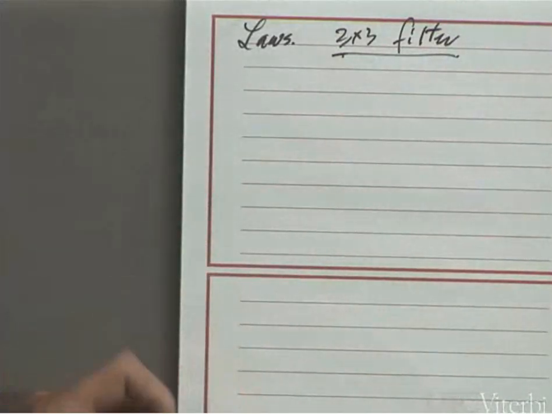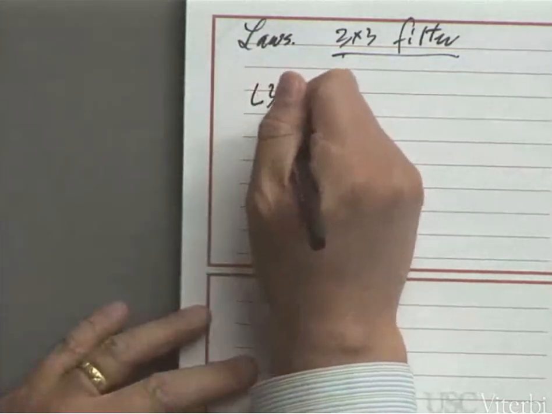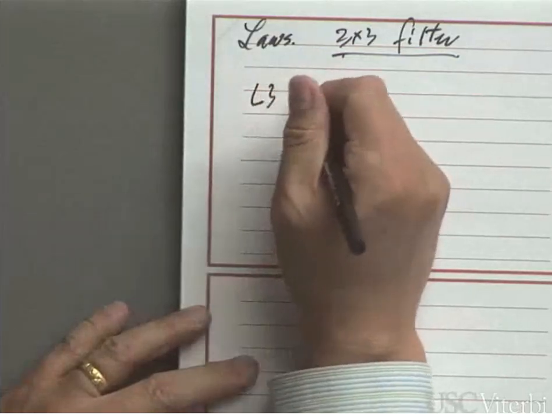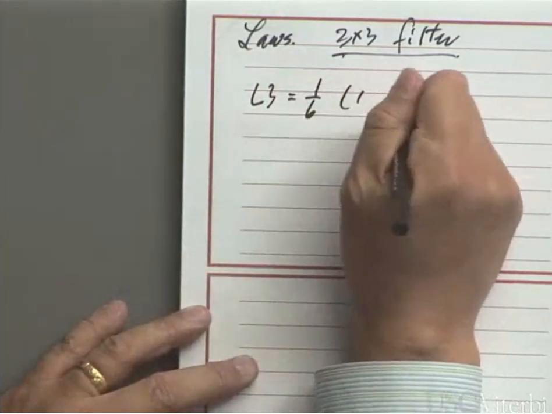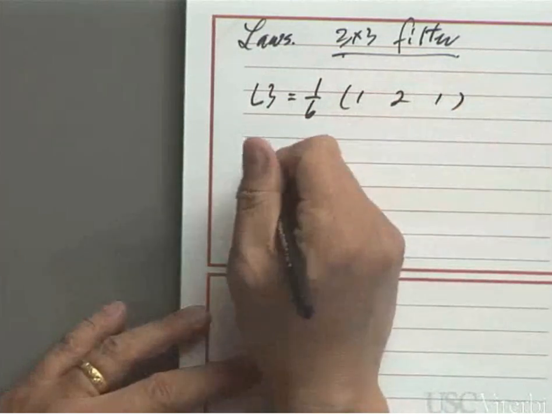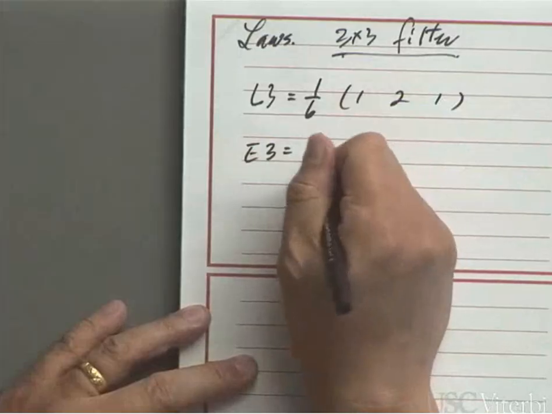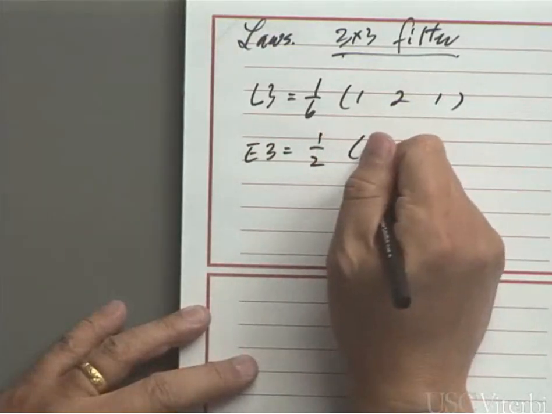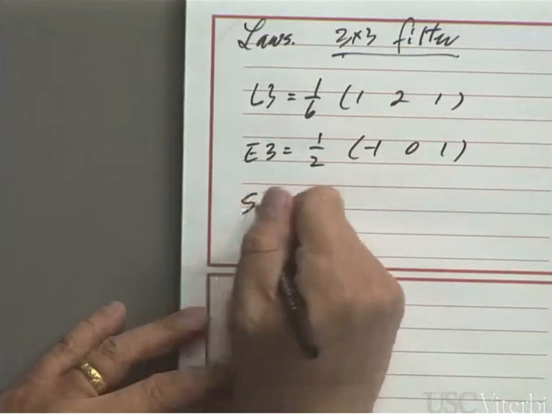He used two one-dimensional filters and the tensor product, the outer product, to form the 3x3 filter. So he defined three things: L3, where L means local averaging, E3, and S3.